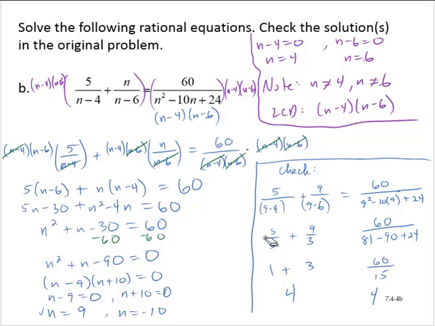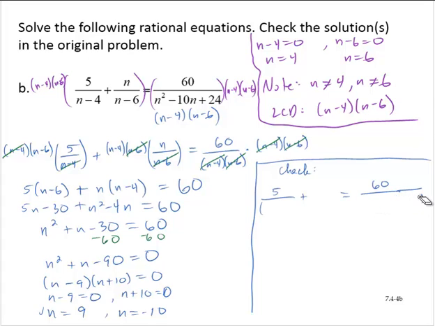All right, and so now let's go back and substitute negative 10. So 5 over negative 10 minus 4 plus negative 10 over negative 10 minus 6 is equal to 60 over negative 10 squared minus 10 by negative 10 plus 24.